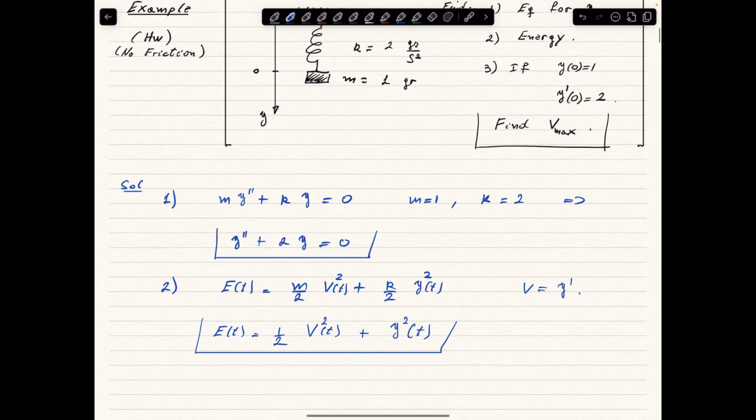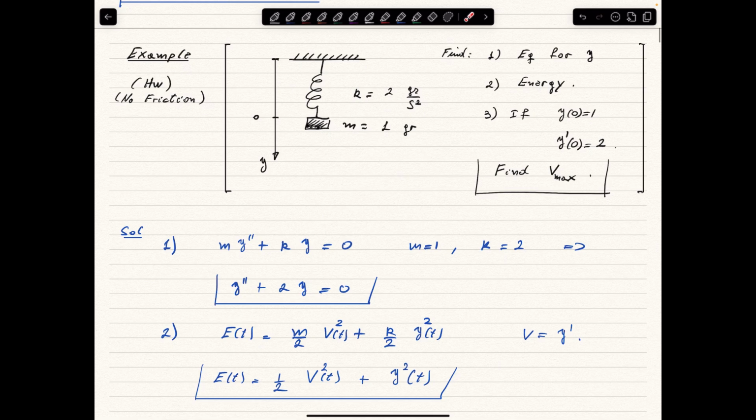Recall that the velocity here, I'm calling y prime. Alright, and now suppose that we have an initial condition for our spring. Initially it is at displacement 1 with velocity 2. Since both are positive, the velocity is downward and the displacement is downward.